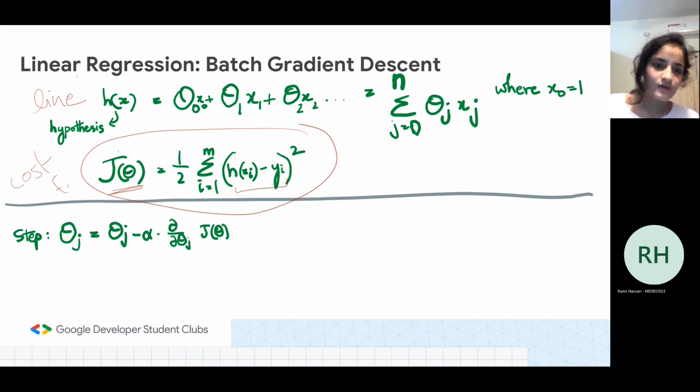Okay. So our step, we're learning gradient descent. This particular one, the whole name is batch gradient descent. So we go step by step, right? What we do in each step is we take one of the parameters, we go one by one, all parameters. We minus alpha times the partial derivative of j of theta.